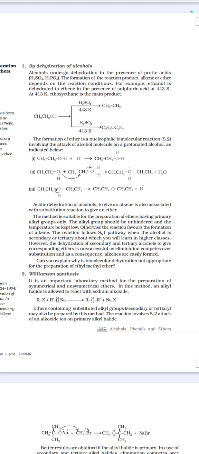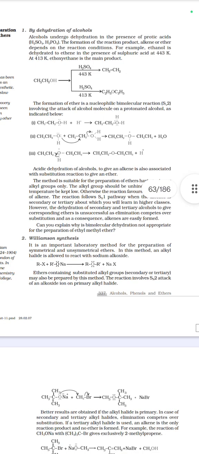For example, ethanol is dehydrated to ethene in the presence of sulfuric acid at 443 Kelvin. At 413 Kelvin, ethoxyethane is the main product. CH3CH2OH gives ethene and ethoxyethane in the presence of H2SO4 at 443 and 413 Kelvin respectively.